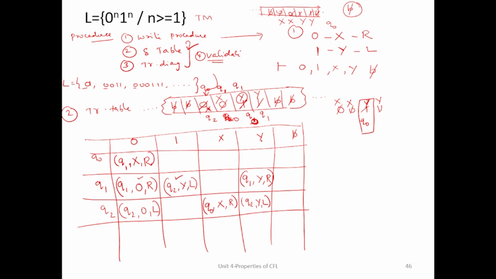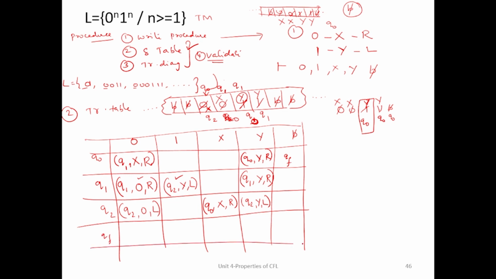So if the starting state reads Y, I want to check that there is no 1 in the consecutive locations. So I only move to the right direction with the same state because I want to check the consecutive ones with Y. So here Q0 Y is replaced. After that a blank space is there. Once Q0 reads the blank space, you can automatically go to the accept state.